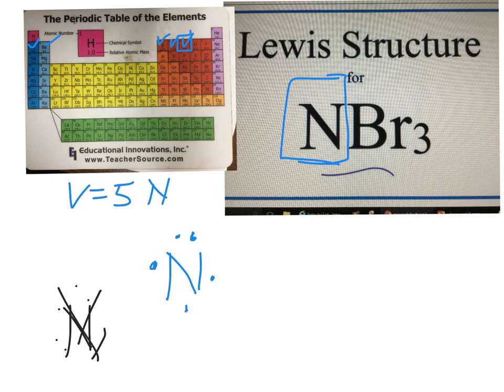And that means you're going to be able to pair them with a different element, like bromine. So now let's do bromine. Bromine is over here in the halogen area. So I have 2 S's, 1, 2, and then my P's, 3, 4, 5, 6, 7. That means I have 7 valence electrons.